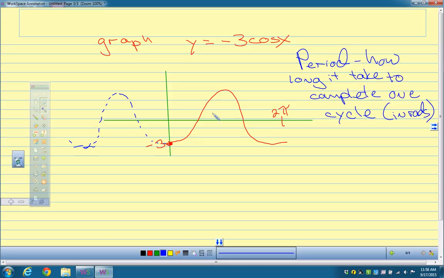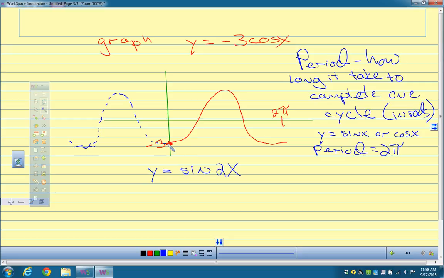So for sine and cosine, just plain cosine x and sine x, the period for y equals sine x or cosine x is equal to 2 pi. But when I put numbers in front of these things, like y equals sine of 2x, you were supposed to play with that in that lab that you did the other day.